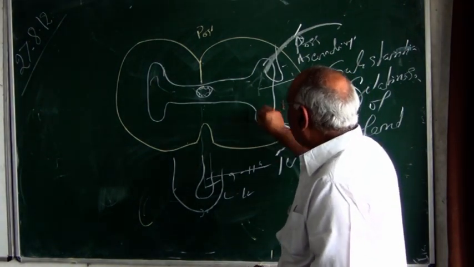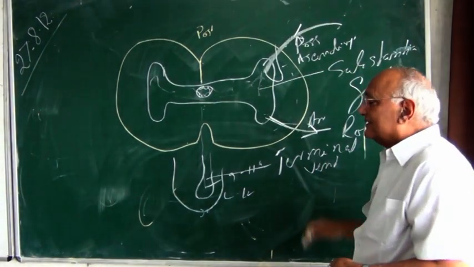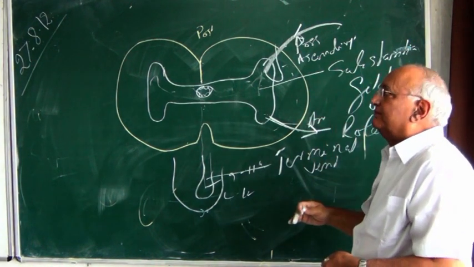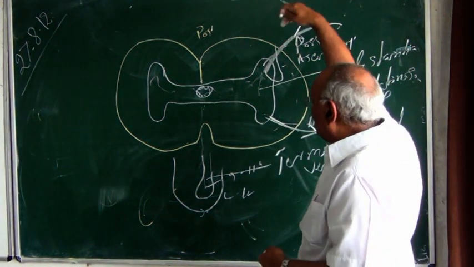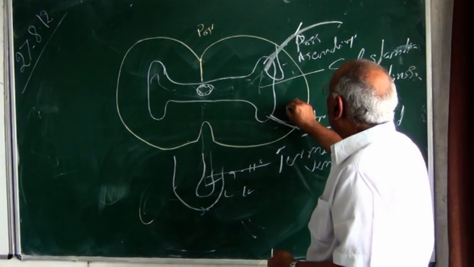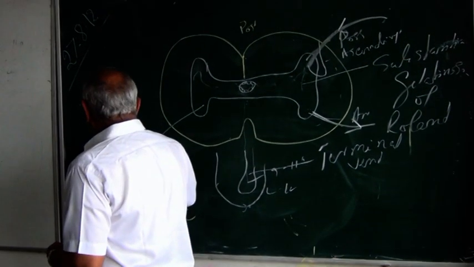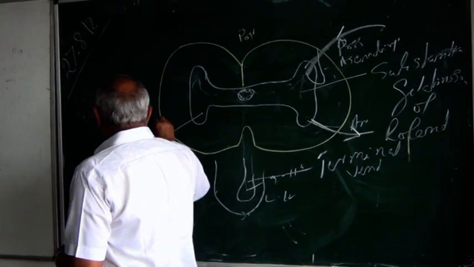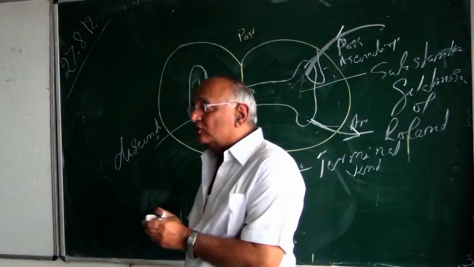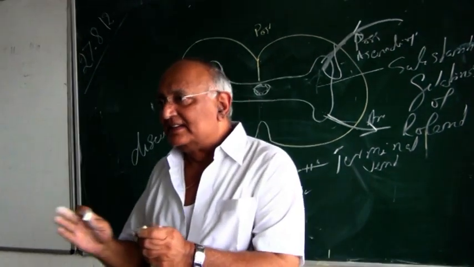And these anterior horn cells receive commands from the brain by the tracts which are descending. So there are descending tracts. So the tracts can be divided into ascending and descending.